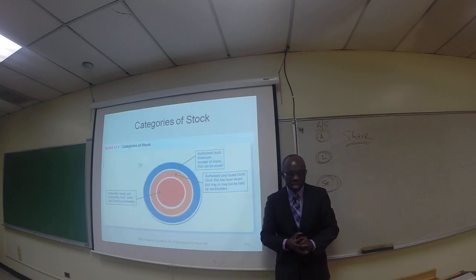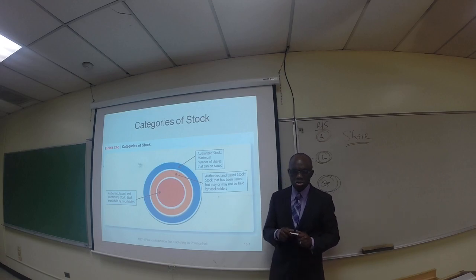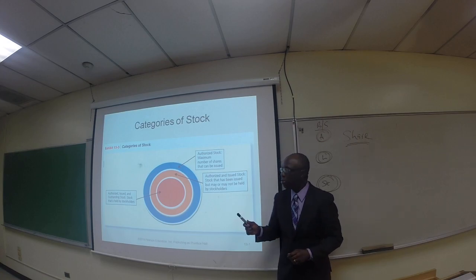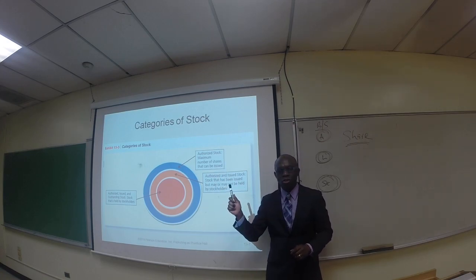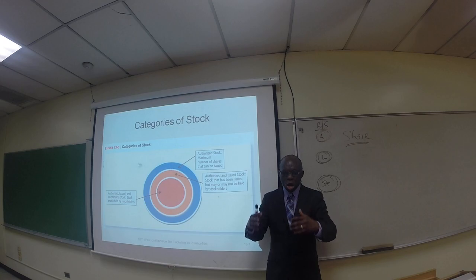Moving along, let's take a look at the categories of stock. The first thing that I want you to know in terms of categories of stock is number one, authorized. Authorized, what does that mean? The authorized stock is the maximum number of shares that a company is allowed to issue.